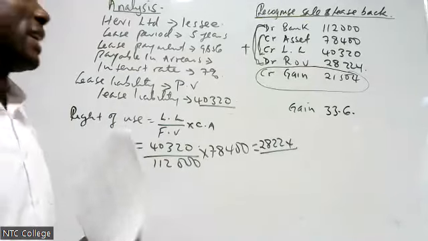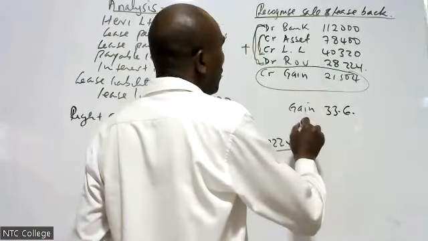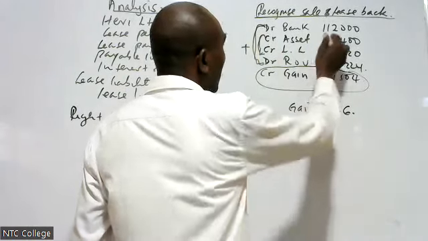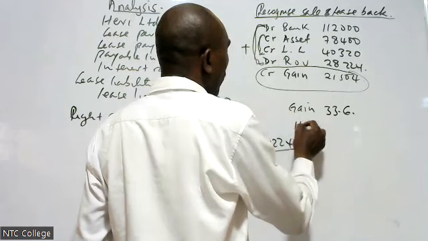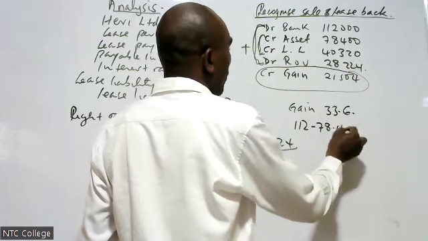How did we get that gain? It was the fair value of 112 minus the proceeds of 78.4.